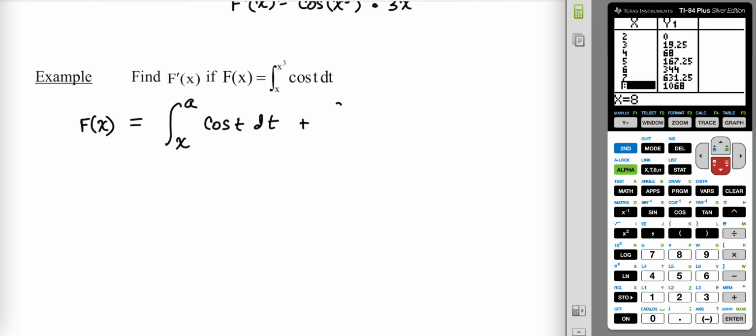And then I'm going to add that to the antiderivative going from a the rest of the way to x cubed, also of cosine t dt.